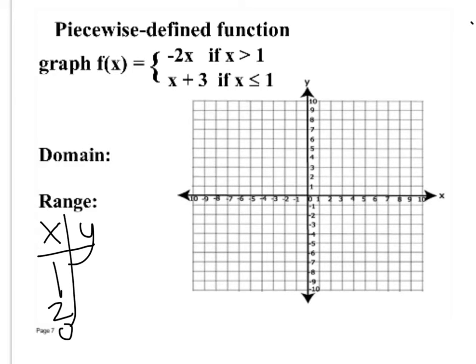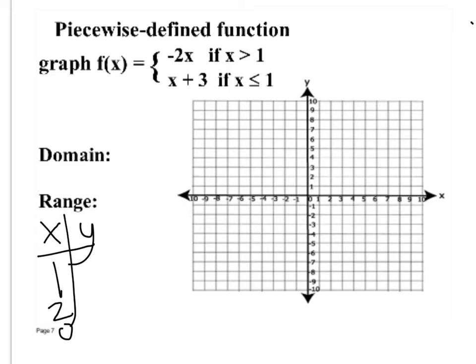We call this a piecewise function because it's two separate functions. You have negative 2x and you have x plus 3. You have to decide which one you're going to use depending on the criteria. Criteria as in x is greater than 1 or x is less than or equal to 1. That criteria tells you which function to use.